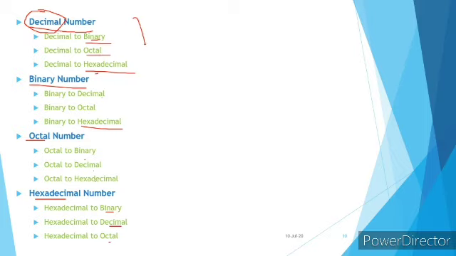In the upcoming lectures we are going to see the conversions in detail. For that purpose you need to have calculators ready, and you can even learn by heart the multiplication tables of the corresponding bases. The 2 multiplication table you already know, then 8, 10 and 16.